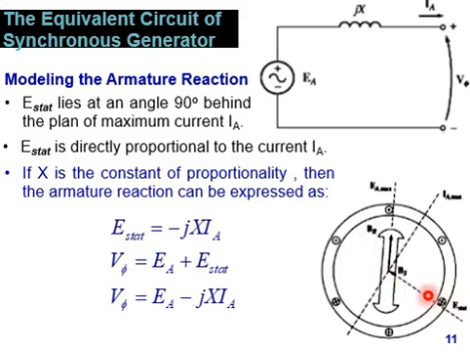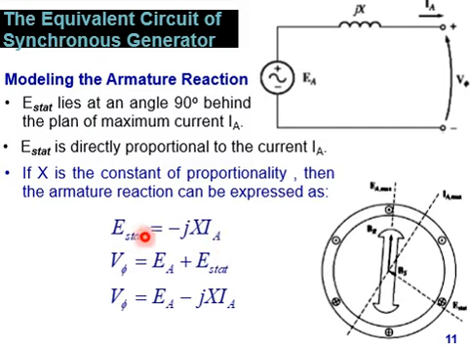Another is that E stat is directly proportional to the current IA. So by keeping these two points in mind and supposing that X is a constant of proportionality, we can write the equation for E stat as minus jX IA.